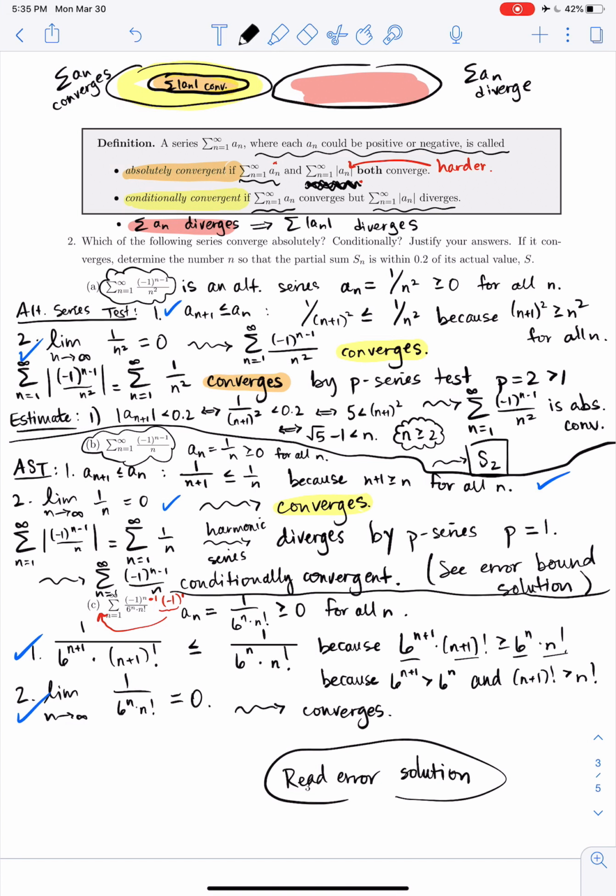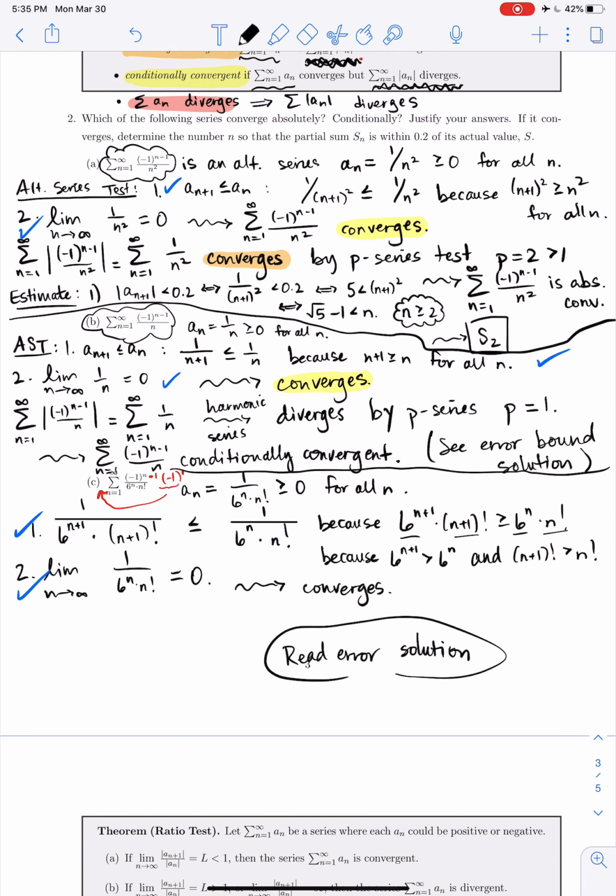If your original series converges, but when you look at this new series, it diverges, then your original series is what's called conditionally convergent. Okay, great. Okay, oops, which means, sorry, we didn't even check this one. I'm just going to tell you, this one is absolutely convergent.